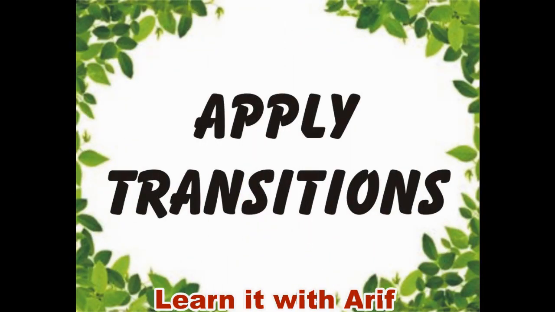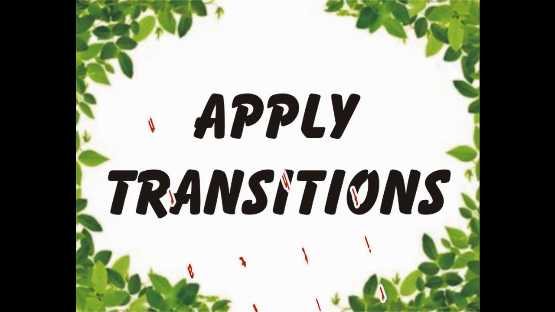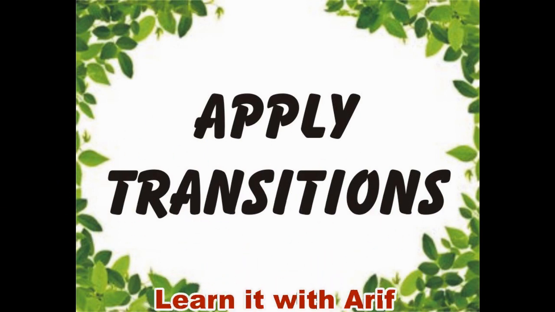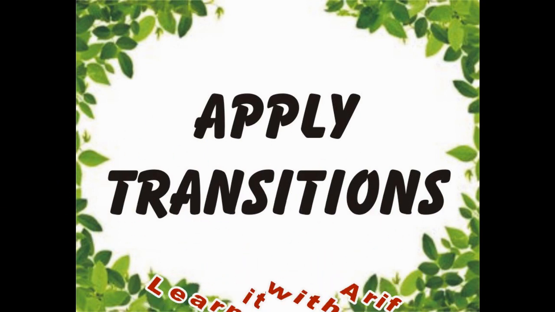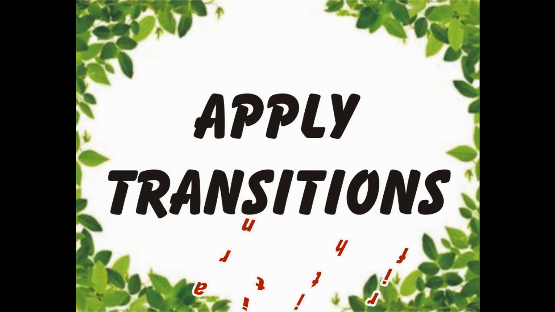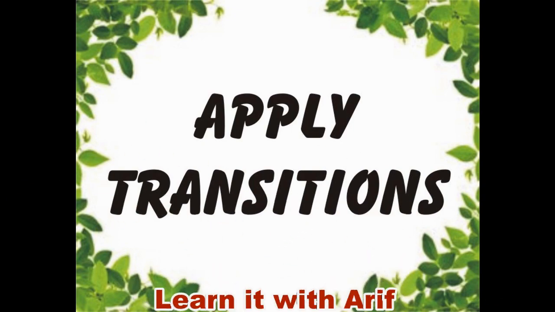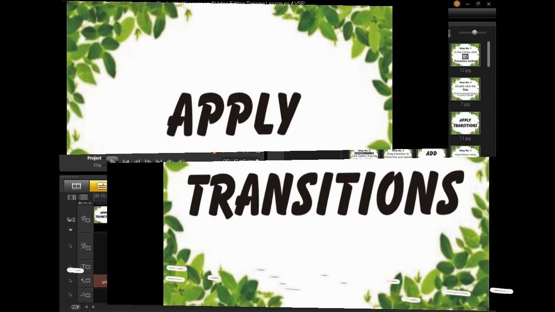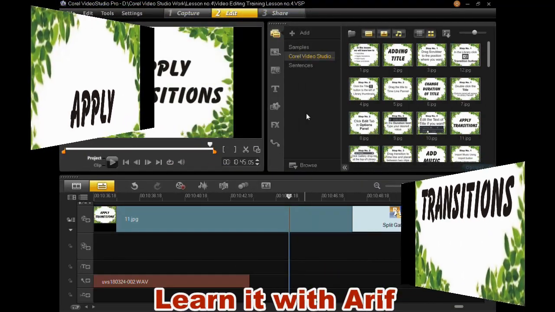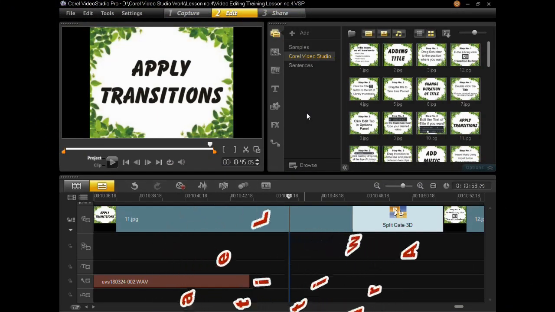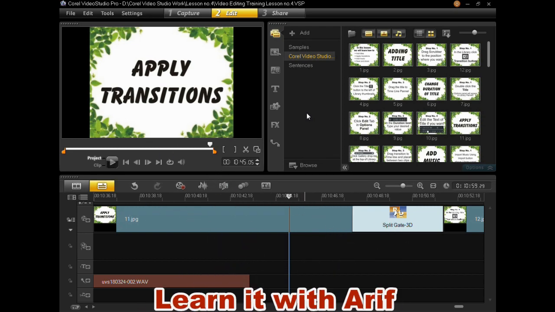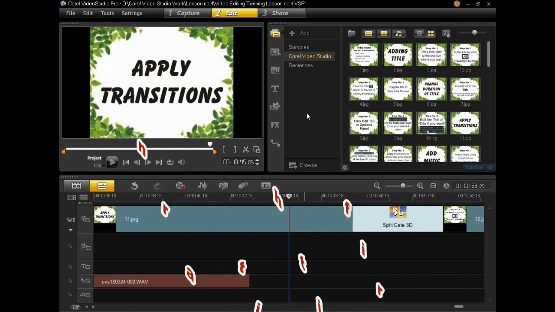Now we will see how to apply transitions to a video or a clip. Transitions give a professional look to our video while switching from one scene to another smoothly.